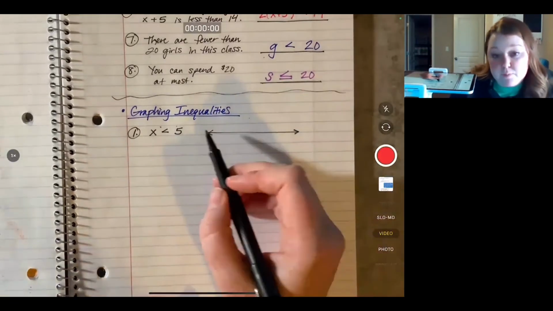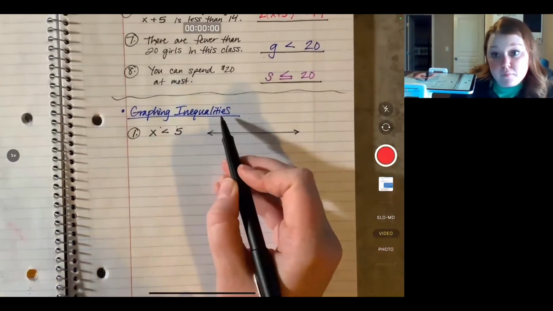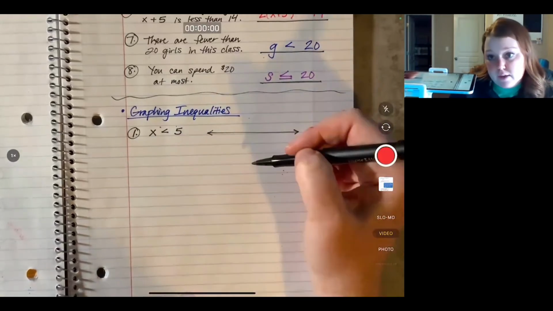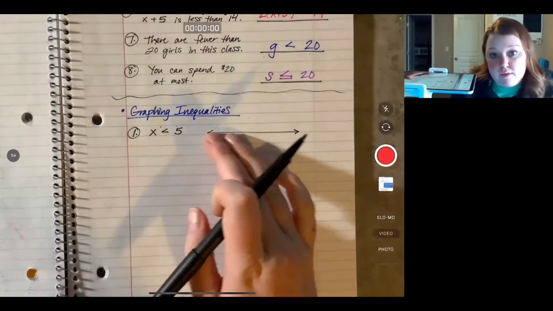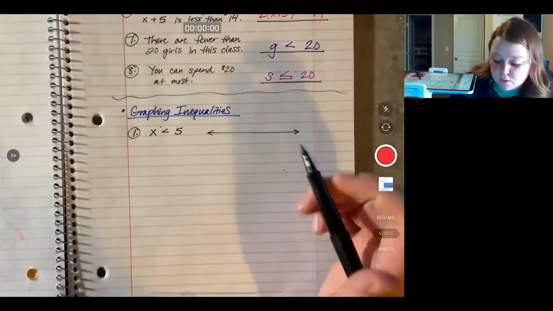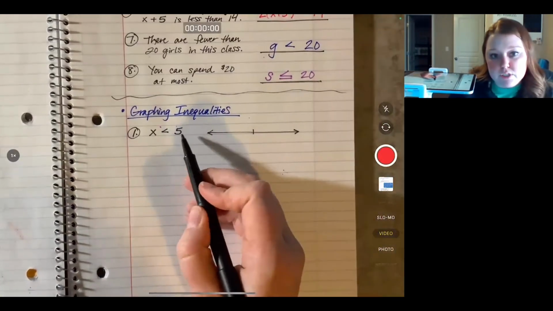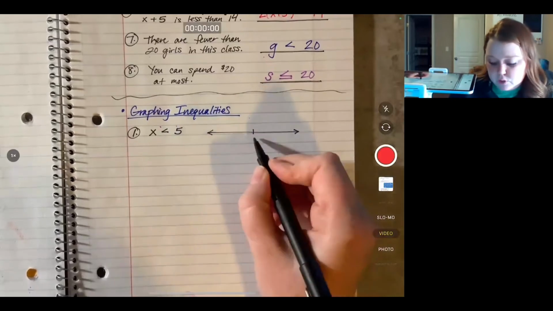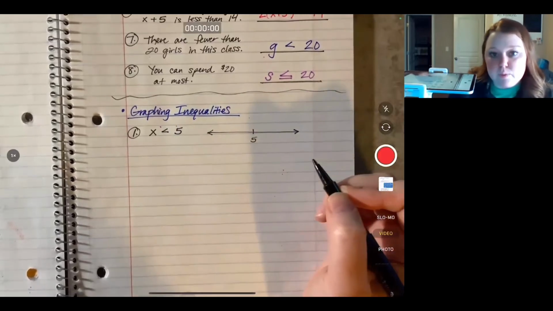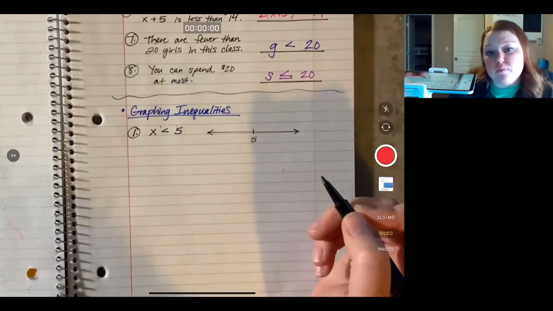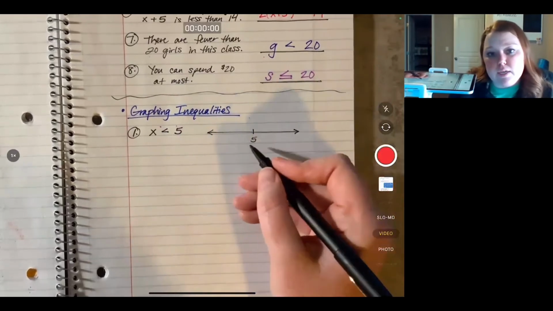So we're going to be graphing on a number line. So that's not an XY yet. We're not there. We're just on a number line. So here's how I would recommend graphing. I always put whatever number we're questioning in the middle. It doesn't have to be in the middle, but when I'm making my own number lines by hand, I just put that number in the middle.